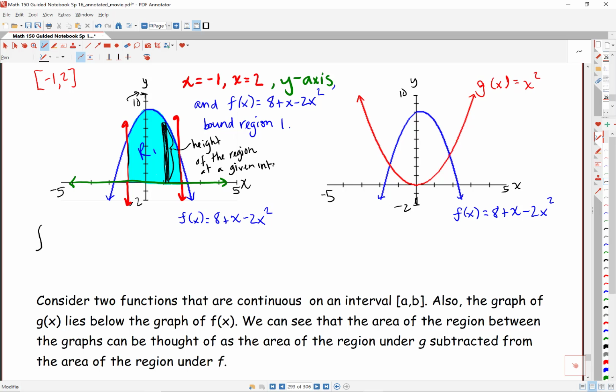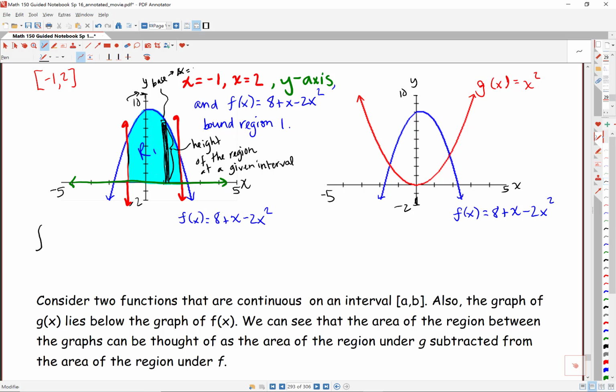And this little piece right here represents the base of this area rectangle, right? That's your change in x, which equals our dx, okay?